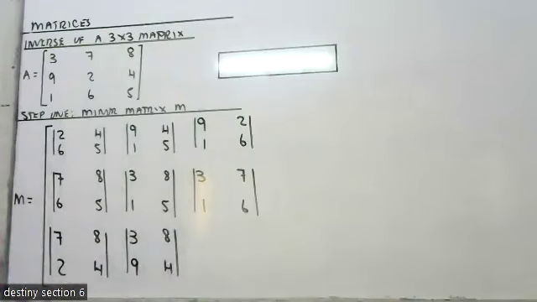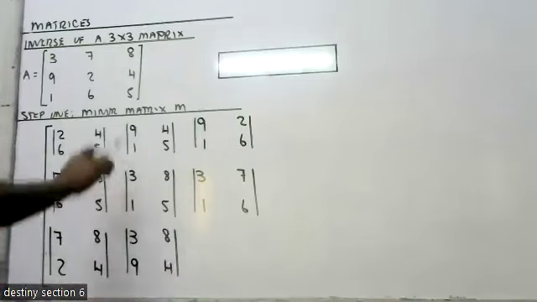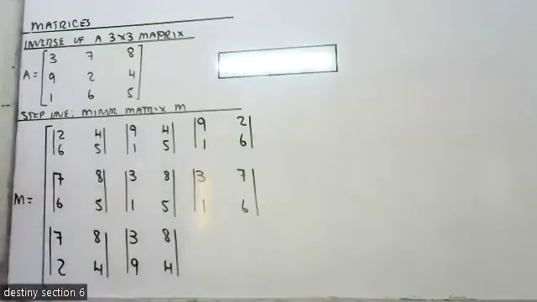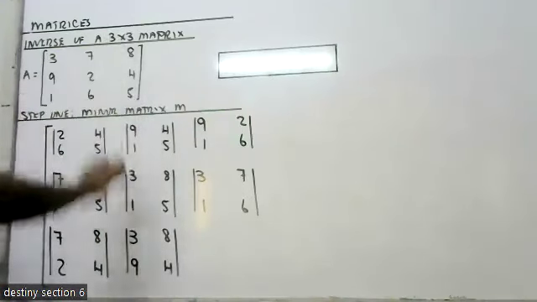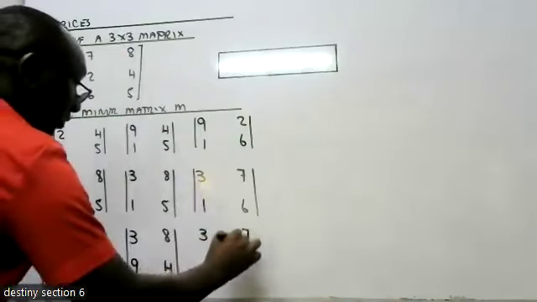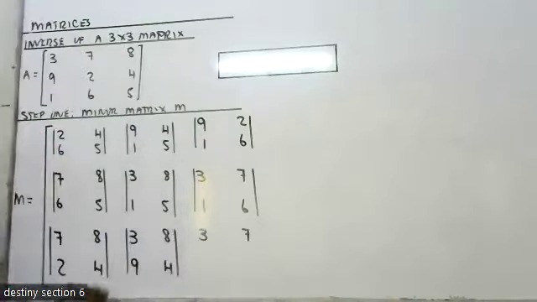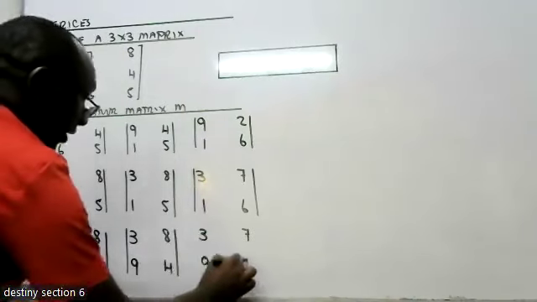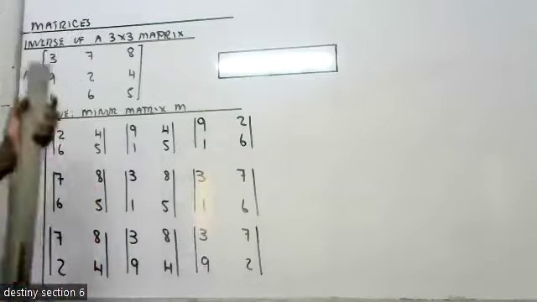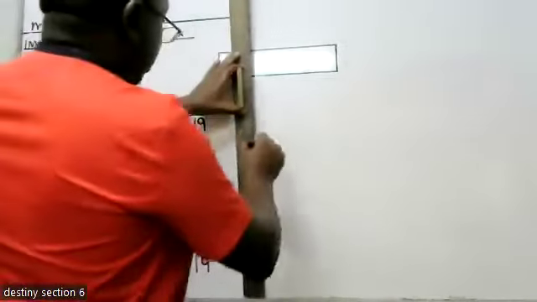That way. Then you come to the last one here. You broke the 3rd row and the 3rd column so that you have 3, 7, and you have 9, 2. So that is how it is done.